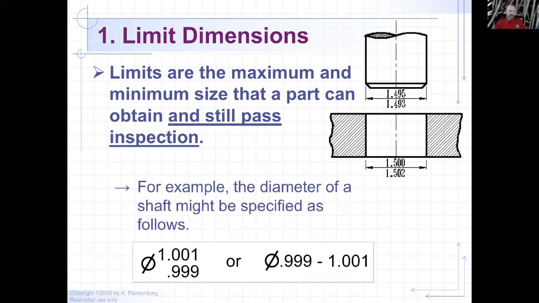So if you do it as indicated on the left side, where you have the 1.001 above the 0.999, right? You want the higher number above the lower number, or the smaller number. Okay, and if you decide to write it out as indicated on the right side, then the lower number is on the left and the higher number is on the right.